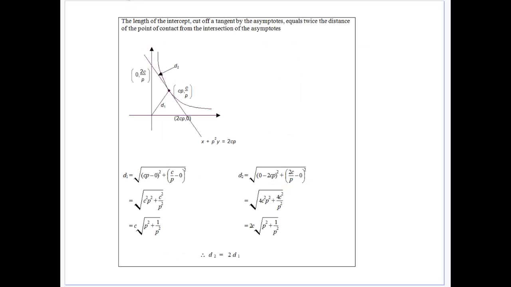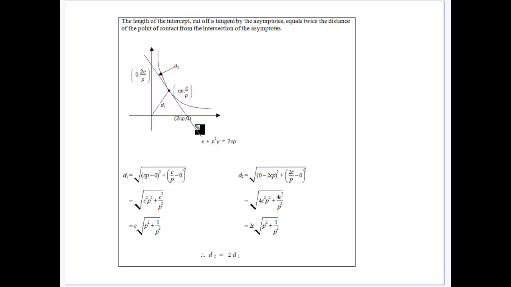The next one is to show the length of the intercept cut off a tangent by the asymptotes equals twice the distance of a point of contact from the intersection of the asymptotes. So what does that mean? There's our tangent. And we'll use parametric form to prove this one because it's a little bit easier to manipulate.